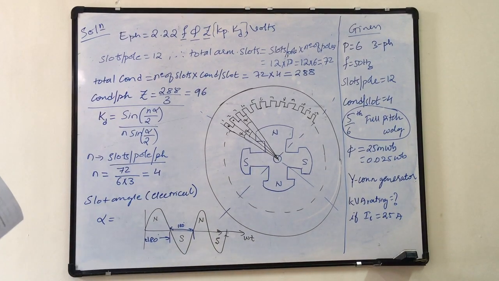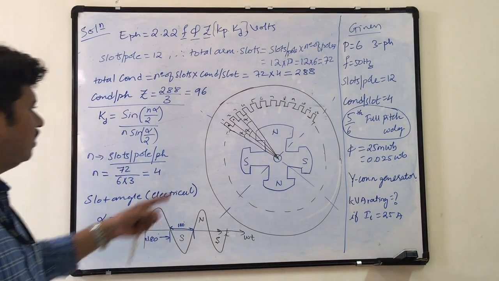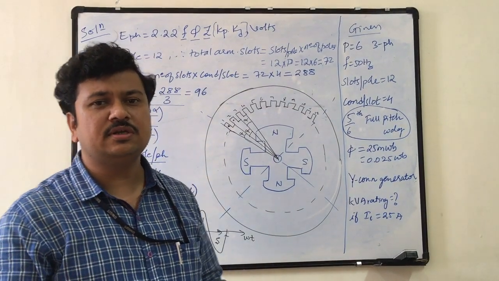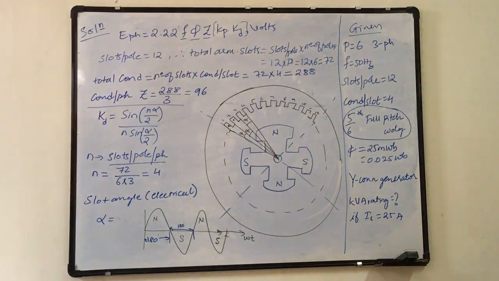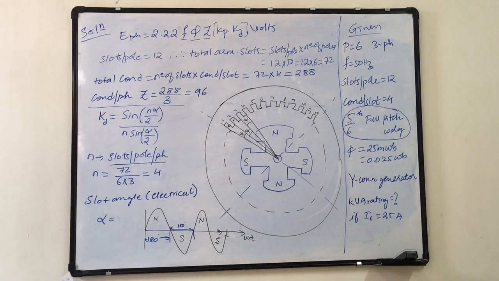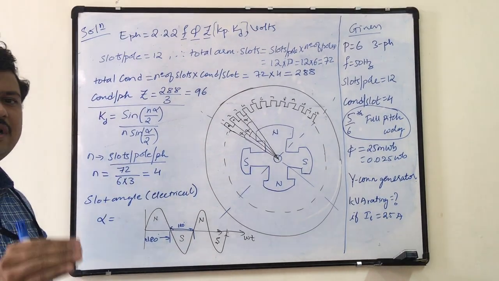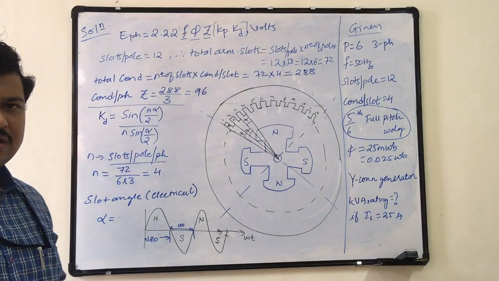All the slots falling in one pole constitute a total electrical angle of 180 degrees. If I divide this 180 degrees by the number of slots under one pole, I get the slot angle.